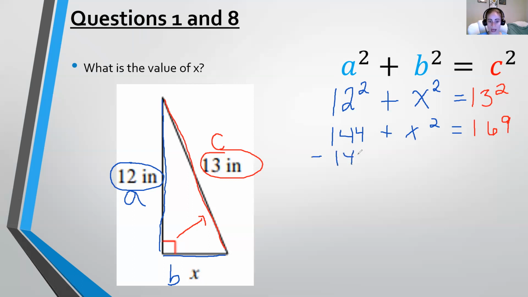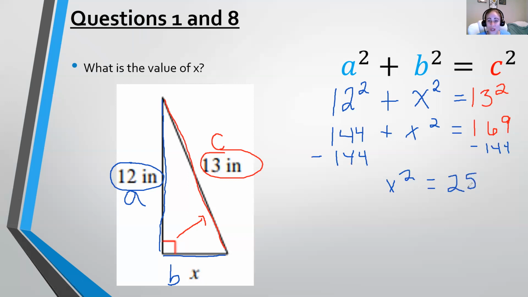We're going to subtract 144 from both sides. 144 minus 144 is 0, so we're left with x squared. And then 169 minus 144 is 25.